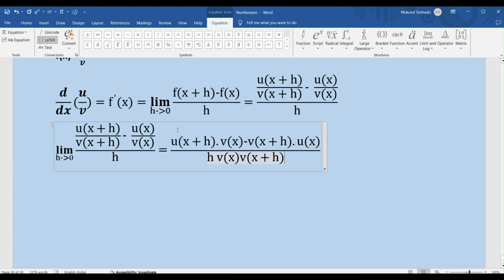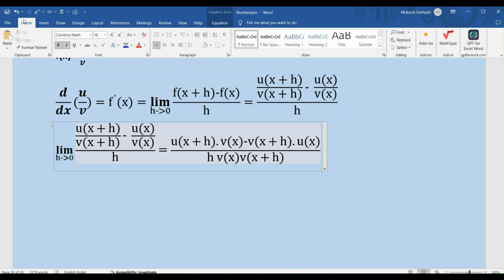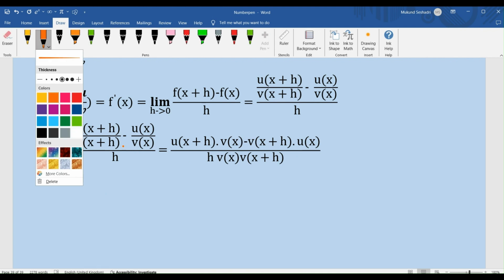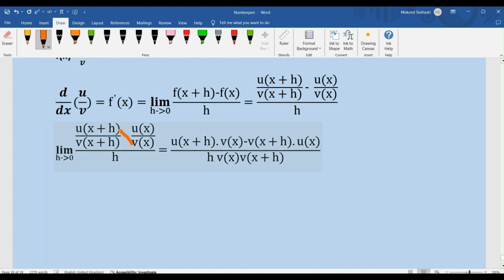So this is what we get, and all that I've done is cross multiplication. And when you do a cross multiplication, what really happens is your v of x moves here and v of x plus h moves here, and then you still have your v of x into v of x plus h in the denominator, right?